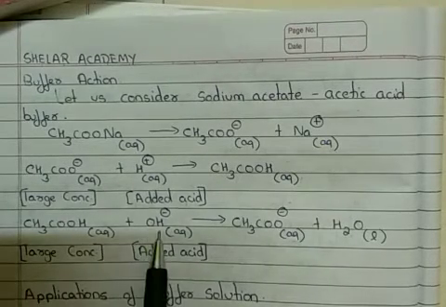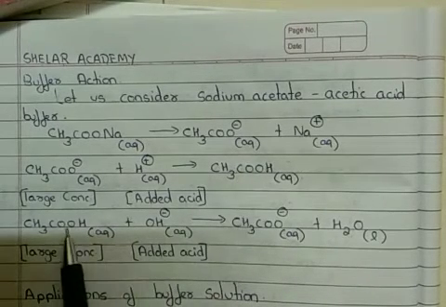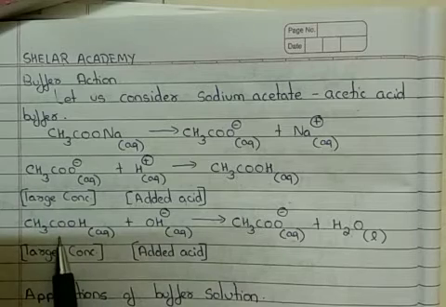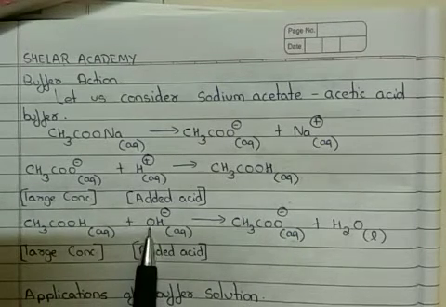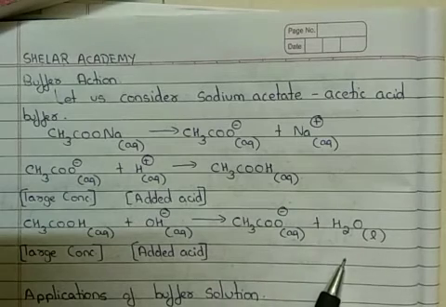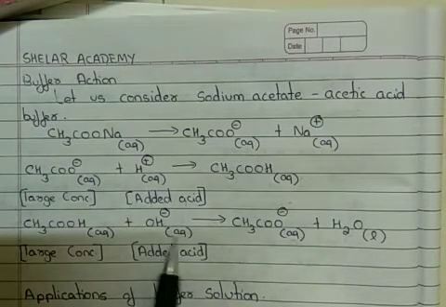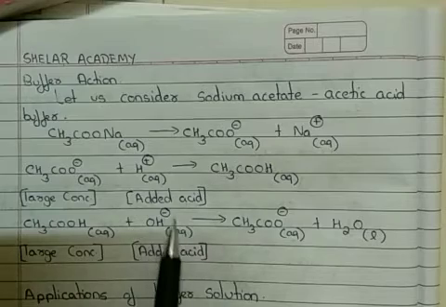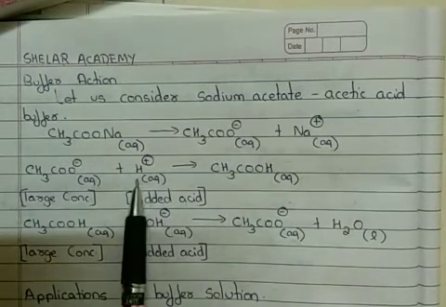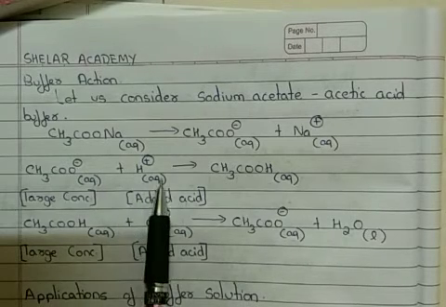The added OH minus ions will be taken care of by your undissociated acetic acid molecules, because this acetic acid will combine with OH minus ion to form acetate ion and a water molecule. So again, by this reaction, it will neutralize the effect of the small base added. And by the earlier reaction, it neutralizes the attack of the small acid added.